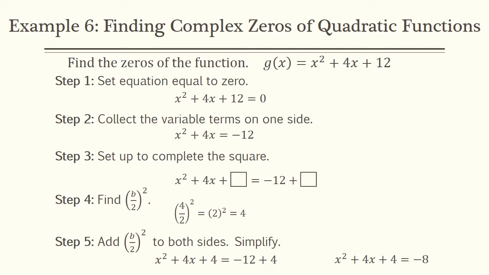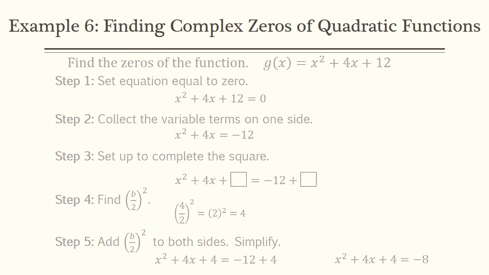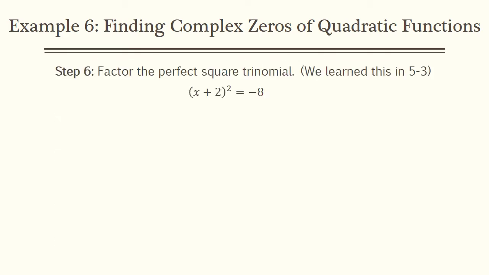Next step, factor the perfect square trinomial. Remember, completing the square always makes a perfect square trinomial. The way that we factored a perfect square trinomial: square root of the first term, sign of the second term, square root of the third term. So in doing that, I get x plus 2 to the quantity squared equals negative 8.